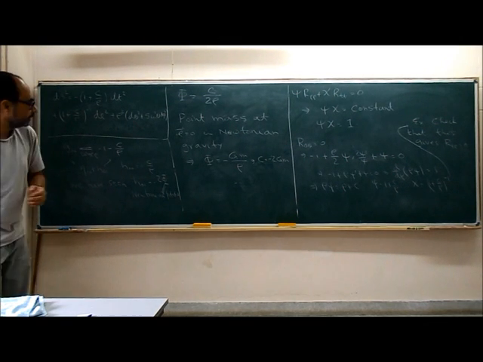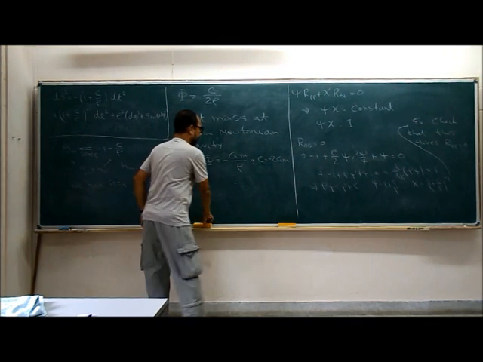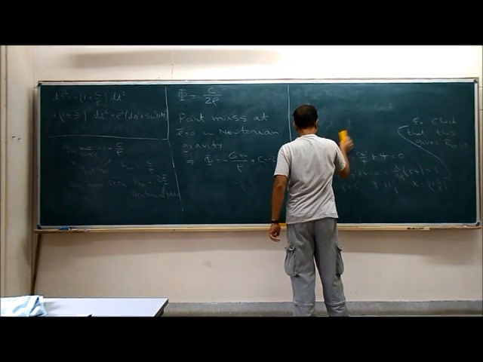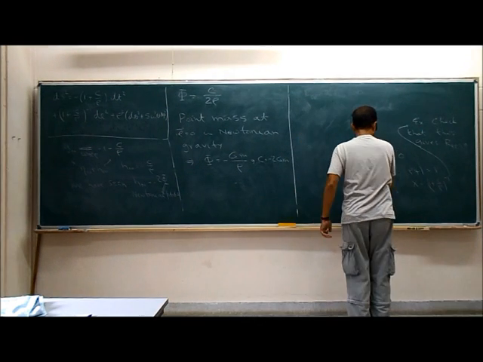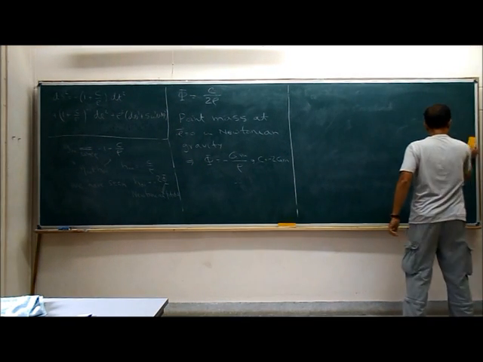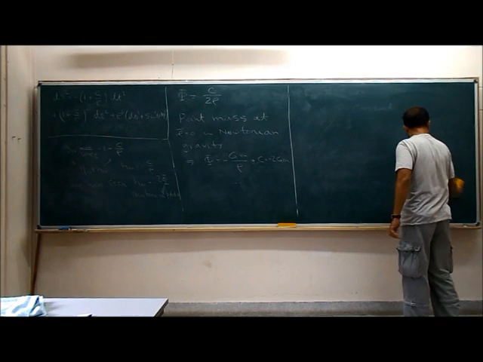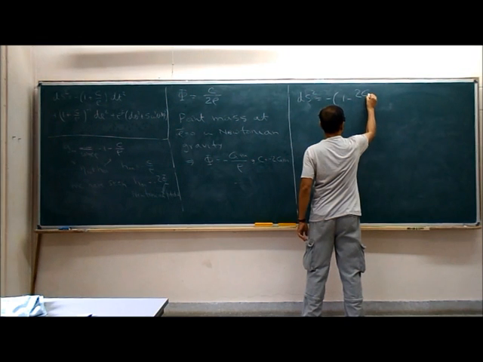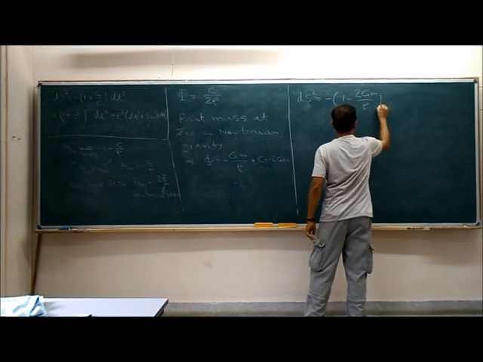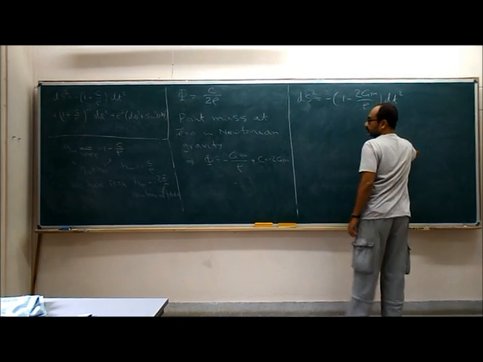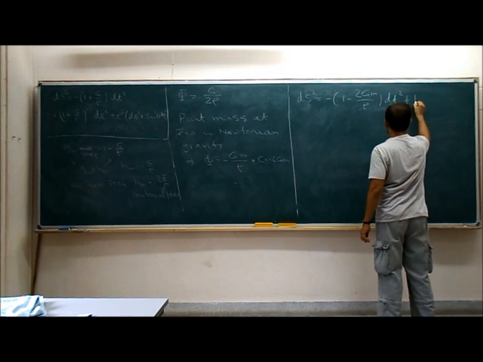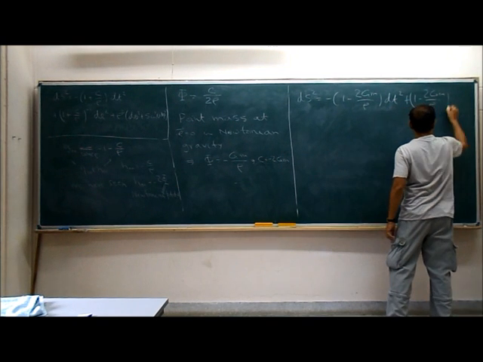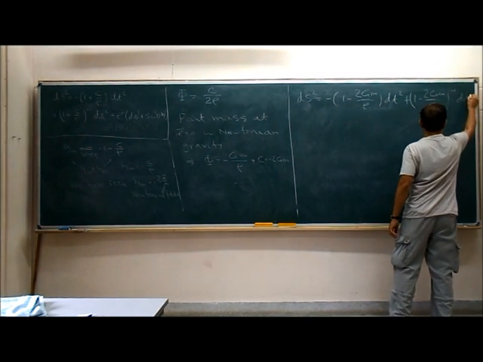Okay. So let me now put this back in and write down the solution. It is minus 1 minus 2 GM over rho, squared, plus 1 minus 2 GM over rho inverse, rho squared.